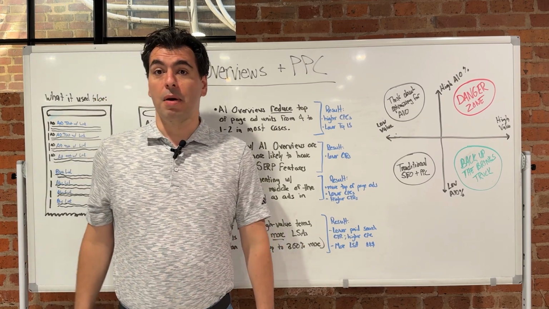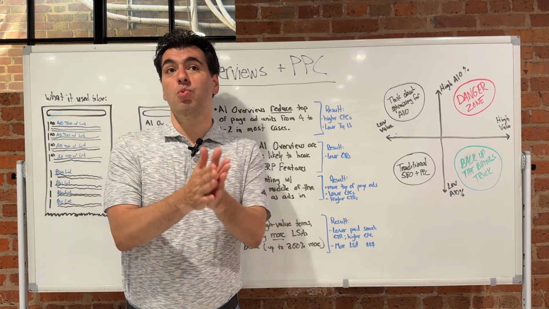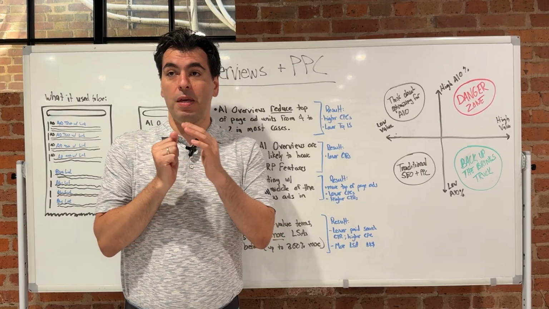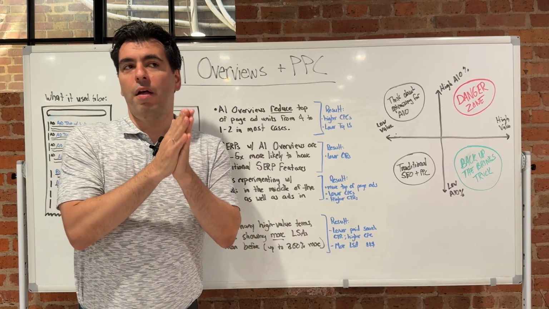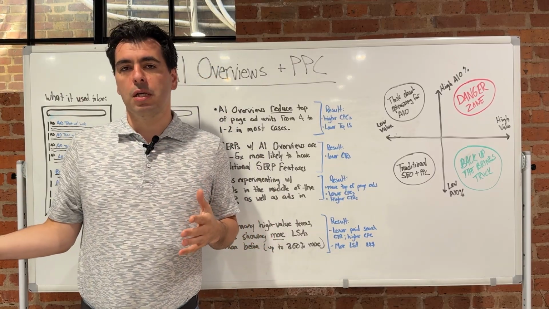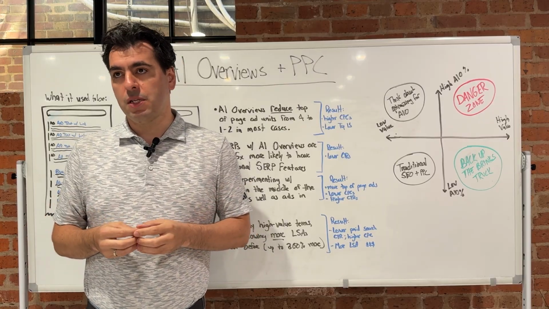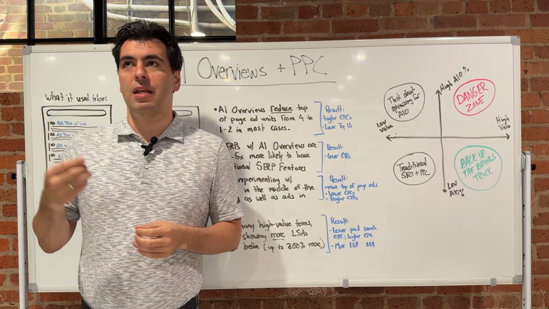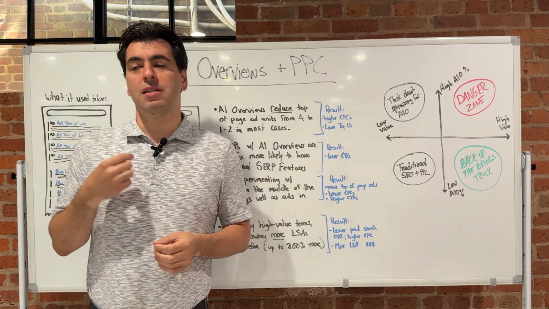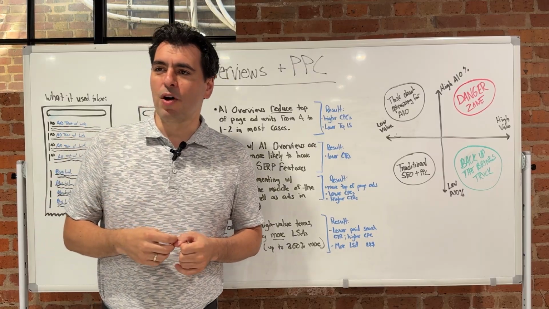And more LSA money, which means more money that you don't really have control over because LSAs, while they function similarly in some respects, are a fundamentally different ad unit type. They're bid on fundamentally differently, and getting your money back for a bad LSA is surprisingly hard since they've automated the process.